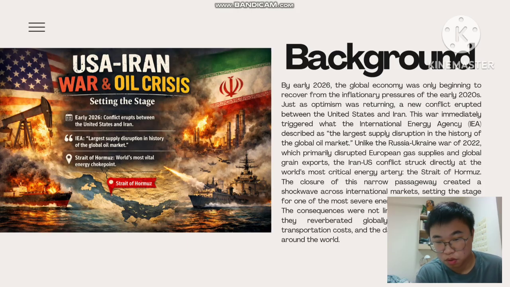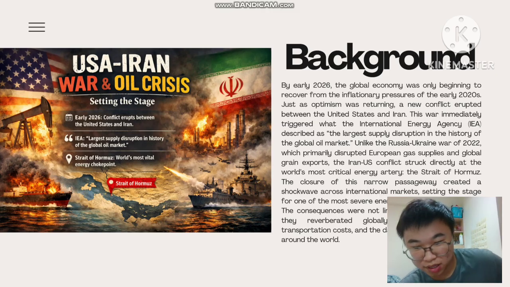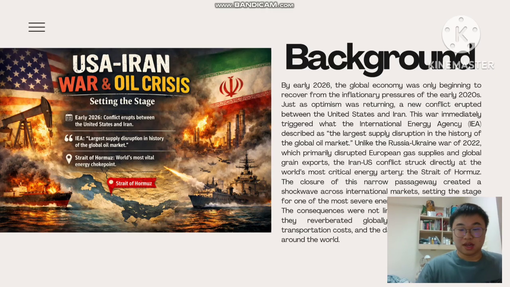Unlike the Russia-Ukraine war in 2022, which primarily disrupted European gas supplies and global grain exports, the US-Iran conflict struck directly at the world's most critical energy choke point, the Strait of Hormuz.